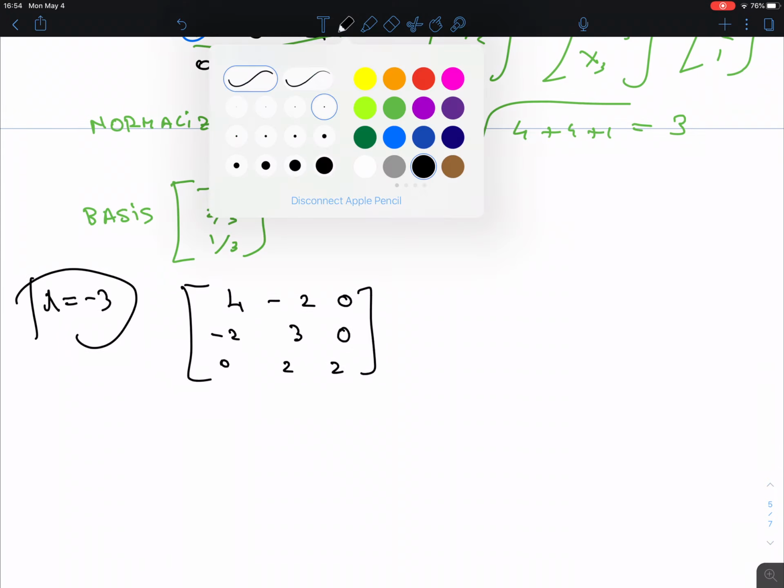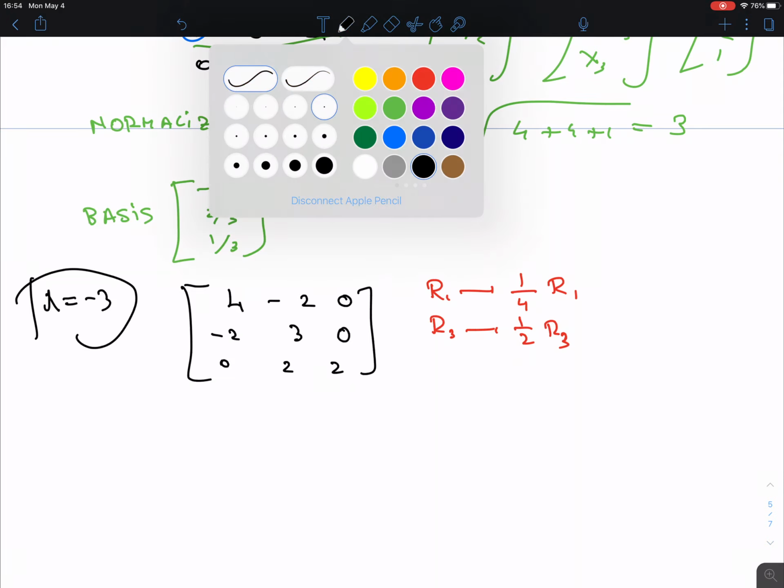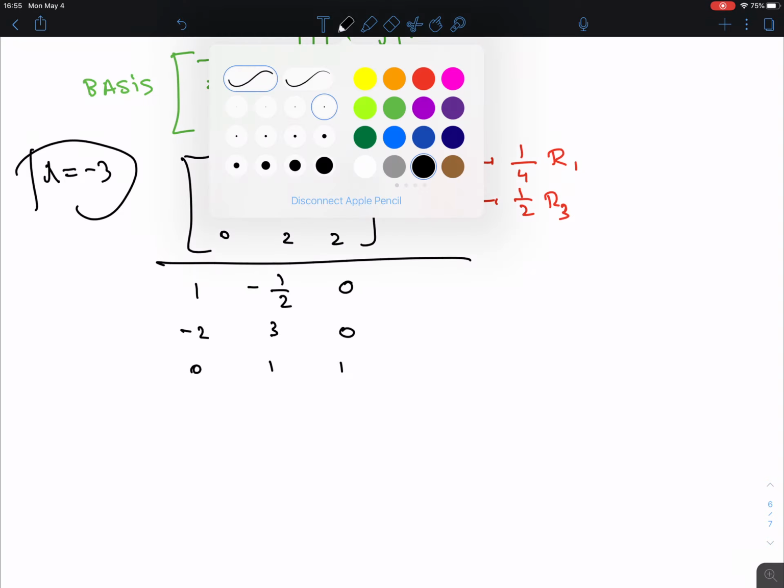Okay, this time I'm going to get some fractions, so I'm going to do 1/4 of row 1. I prefer that to row 2, right? I can do row 3 again, so that was not so bad last time, maybe a bit quicker. So we have now 1 minus a half, 0, minus 2, 3, 0, and 0, 1, 1.